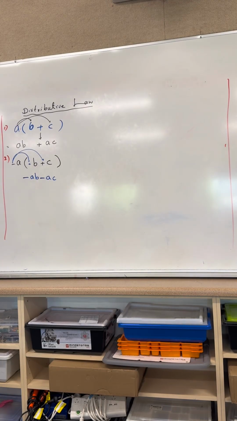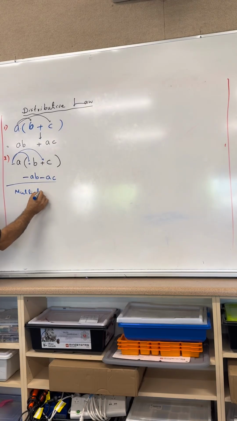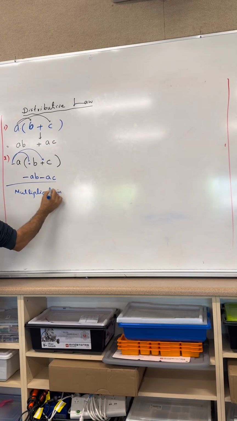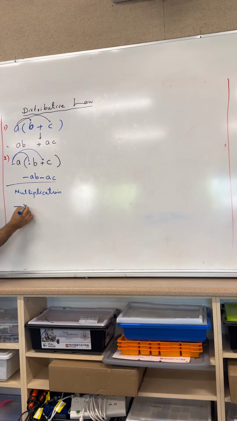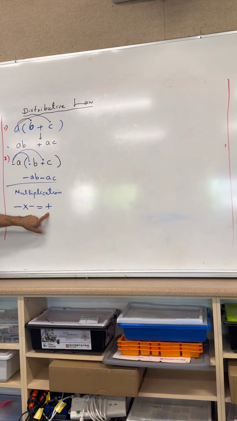Now in multiplication, if you forgot the rule for multiplying signs: negative times negative is always positive. Similar signs, when you multiply them, give you positive. And if we have positive times positive, definitely it is positive.